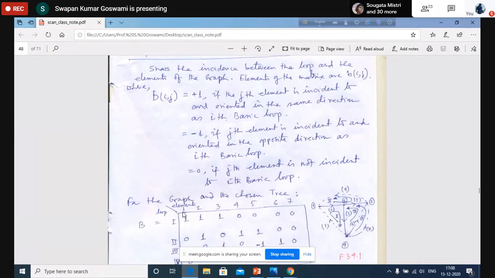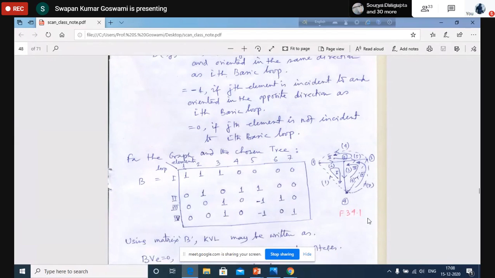So let us now form the B matrix. To help, I have redrawn the graph here. It will be helpful because we can see the graph, so writing the matrix will be easier. Now you see that this was our tree. Element number 2 is a branch, element 3 also is a branch, element 5 also is a branch.